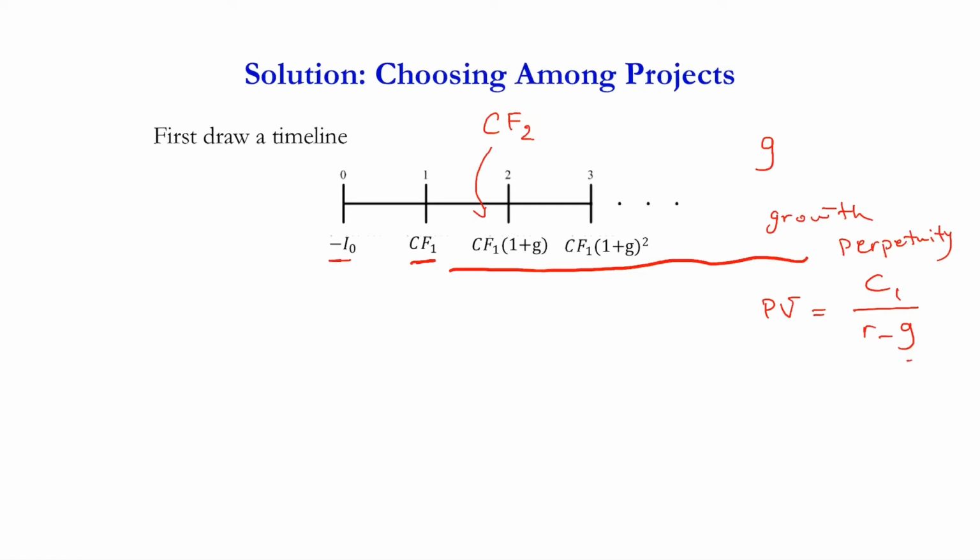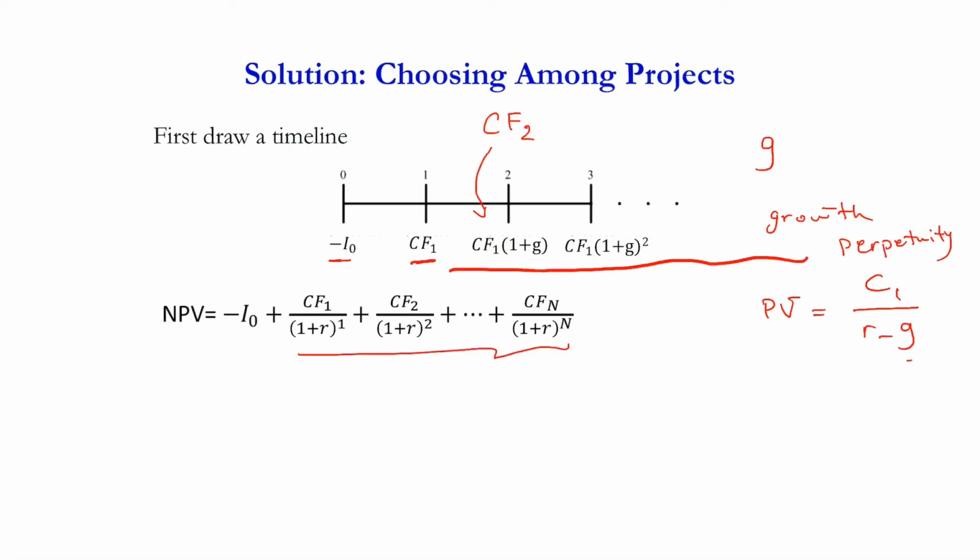Now I don't need to use the regular NPV formula, because I cannot decide where N ends. N does not end, it goes forever. So instead of this formula, I'm going to have another formula, which is this one.